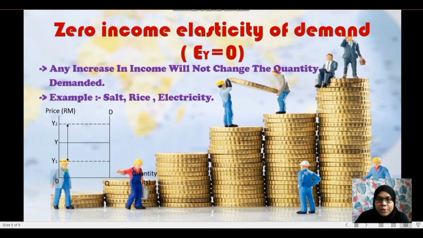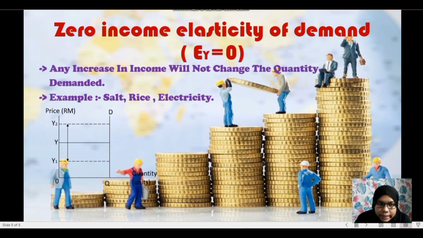Last, zero income elasticity of demand. Any increase in income will not change the quantity demanded. For example, in the case of basic necessary goods such as salt and electricity, there is zero income elasticity of demand.